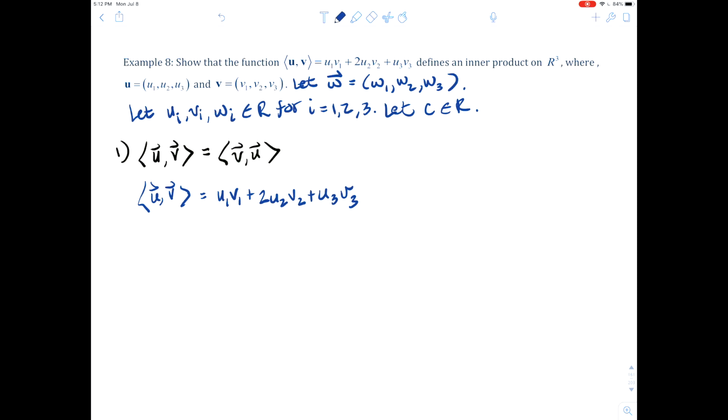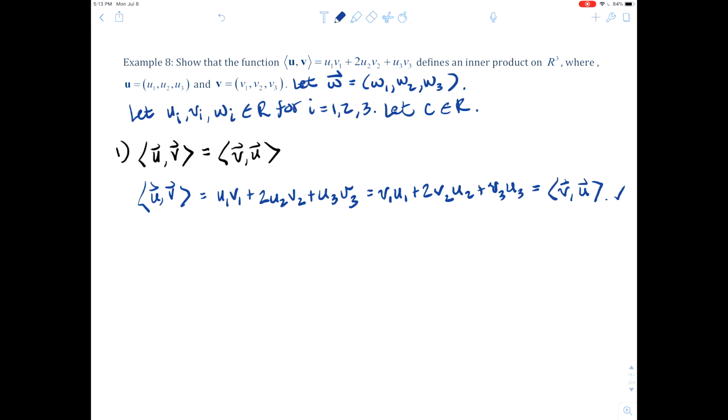Well, the real numbers are commutative, right? So that would be v1 u1 plus 2 v2 u2 plus v3 u3, which equals the inner product of v and u. So that one works.